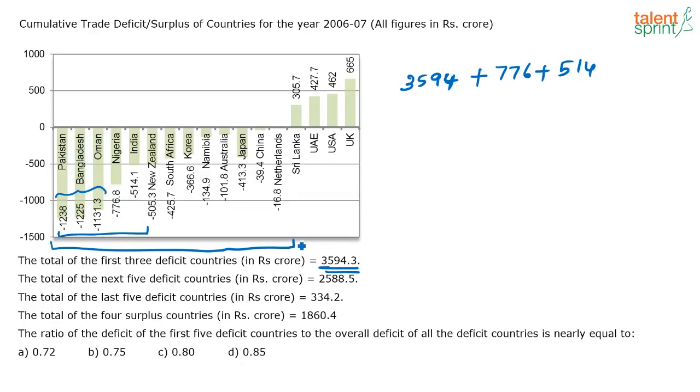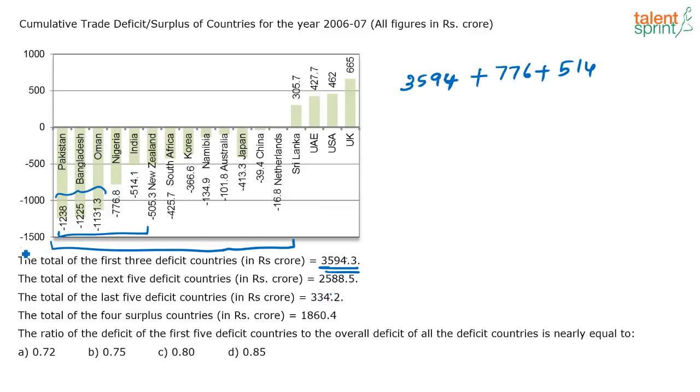Now, if you have to find the total deficit, again just add these values. See, totally how many deficit countries are there? 1 2 3 4 5 6 7 8 9 10 11 12 13 countries are there. Out of these 13 countries, they have given the total of the first 3, next 5 and next 5.